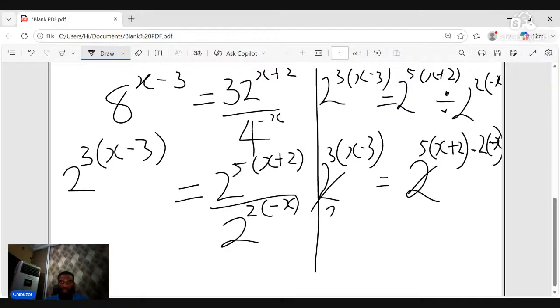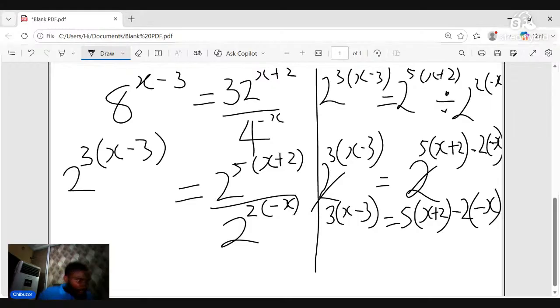We'll be left with 3 in brackets x minus 3 is equal to 5 in bracket x plus 2 minus 2 in brackets minus x, right? So we open up the bracket.